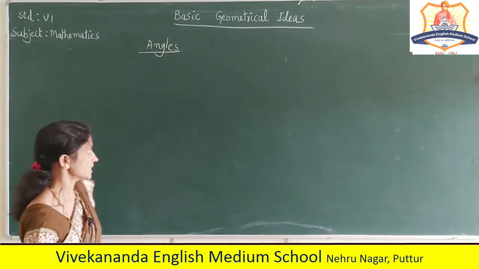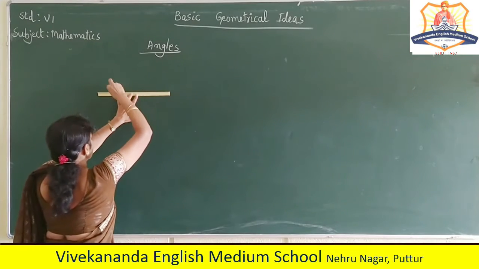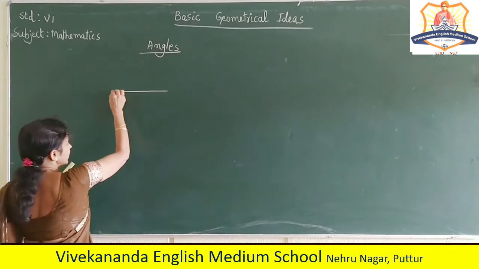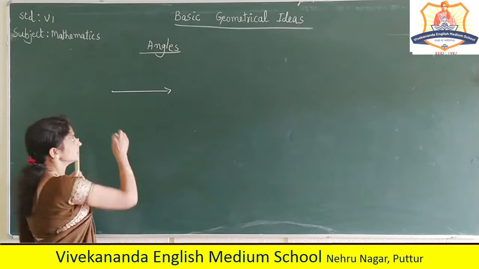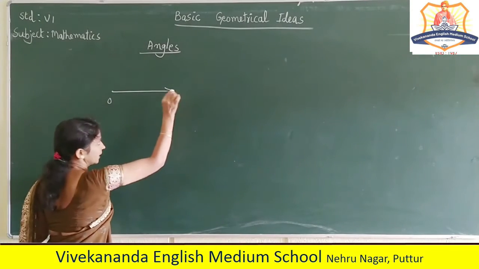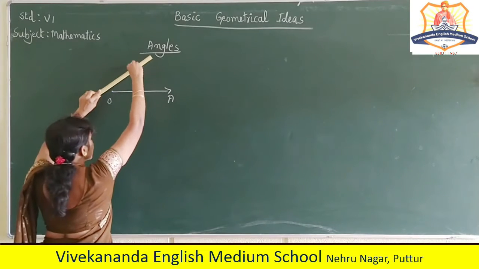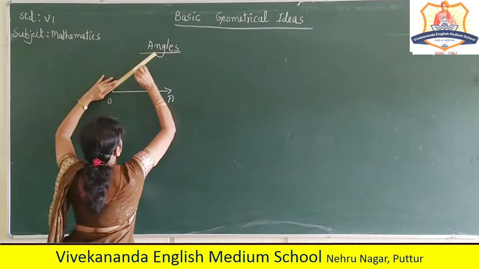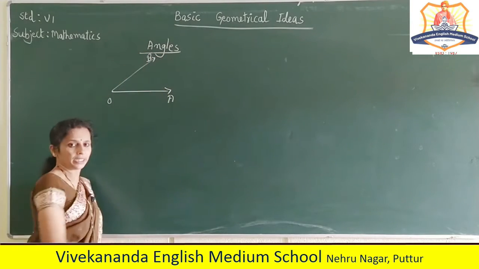When there are two rays, we know what a ray is, and we learnt it: a line which starts from one point and continues is known as a ray. Now this is ray OA. Another ray starts from the same point O in this direction, and we write OB.